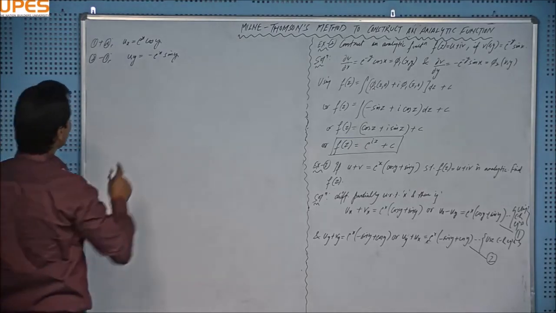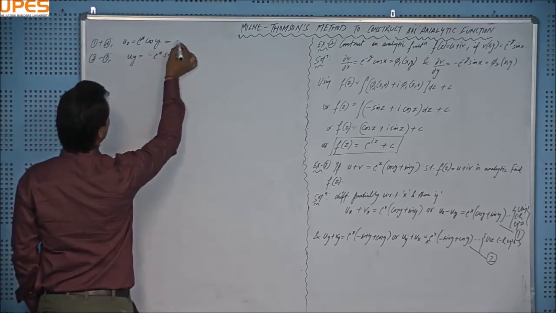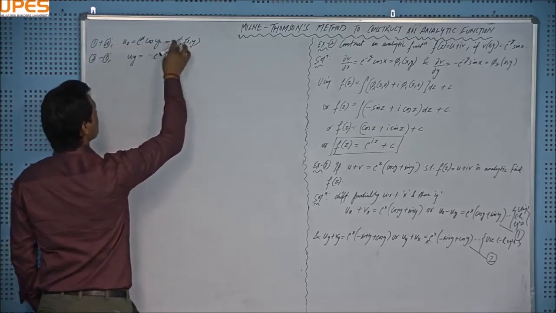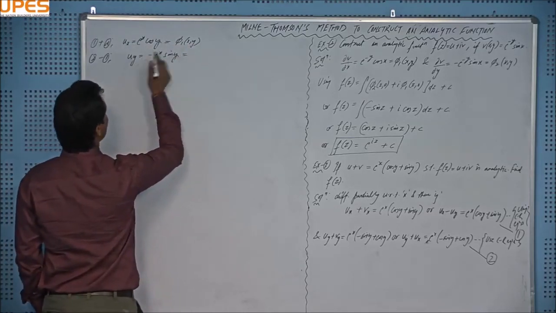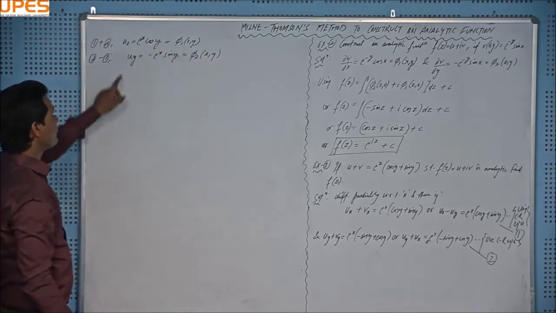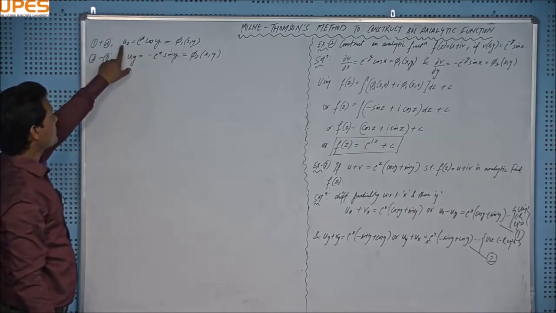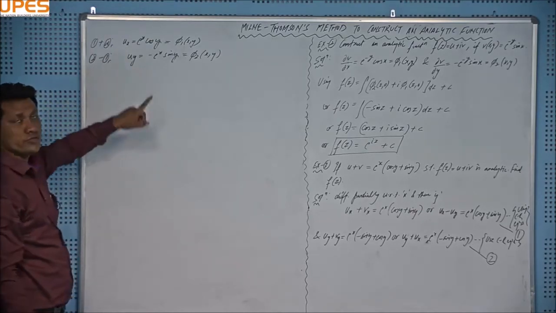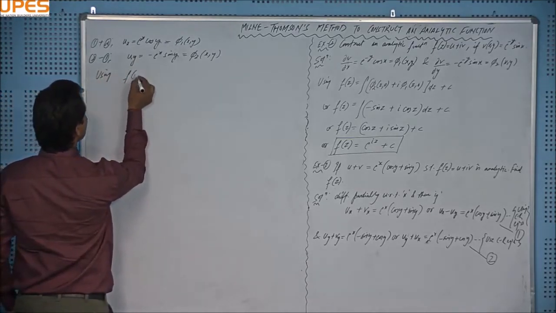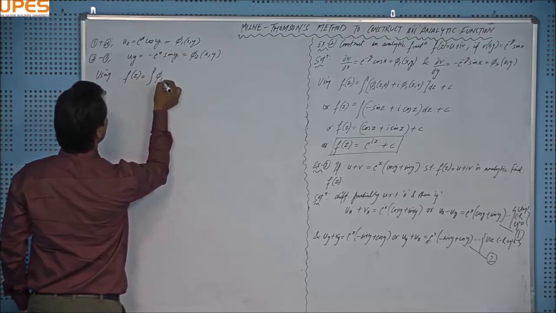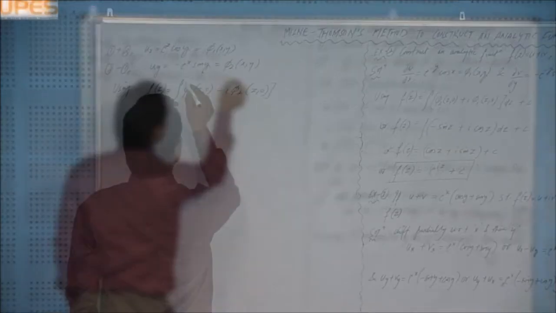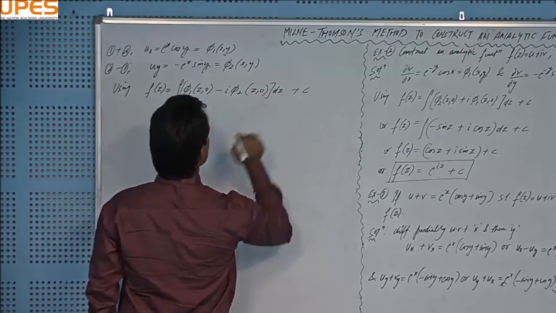Okay, then these are my u_x and u_y, and let me call them phi 1 (x, y), because the derivative with respect to x is denoted by phi 1, and the derivative with respect to y is denoted by phi 2, right? And then since I have everything in terms of u, right, derivatives of u are present, so I will use the formula for case number 1, and that formula is f(z) equal to integration of phi 1(z, 0) minus iota phi 2(z, 0) dz plus c, right?